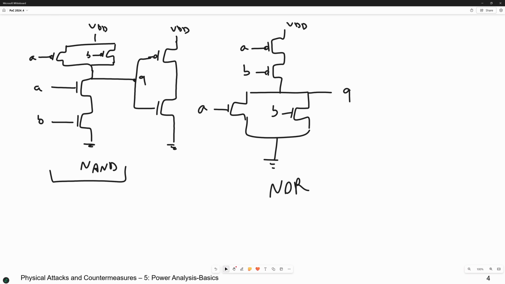The output of the NAND is connected to the input of the inverter. And here is the Q bar, let's say. And the same for NOR. If you want to build OR, then you have to put the NOR and an inverter.